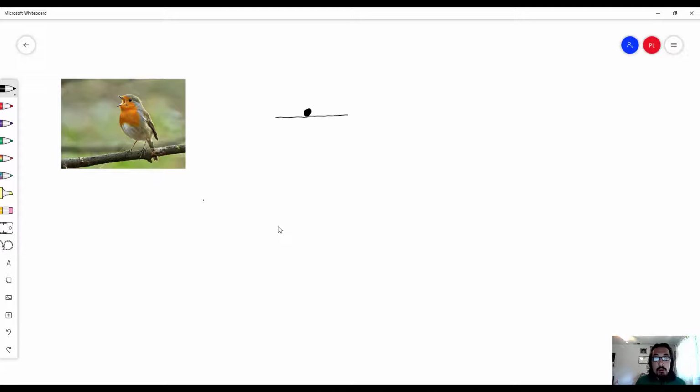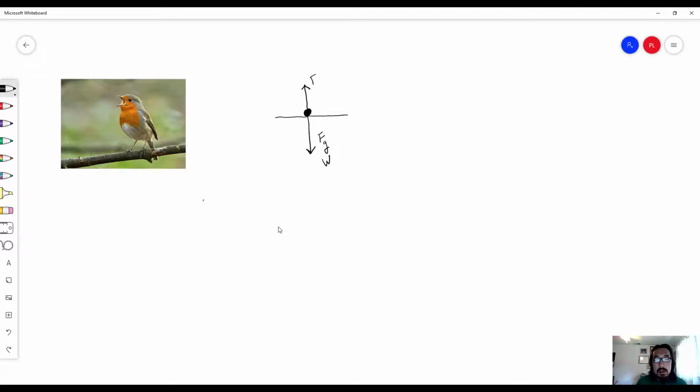So the very first force that we always want to draw is the force of gravity, and it usually goes down. I'm going to label it the force of gravity. And remember, this is the weight, so I'm going to write W just as a way to remind you. But either F of G or W works here. And because this bird is sitting on a branch, I'm going to draw the normal force.